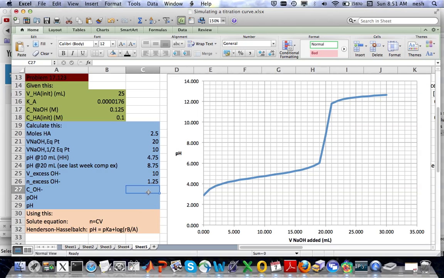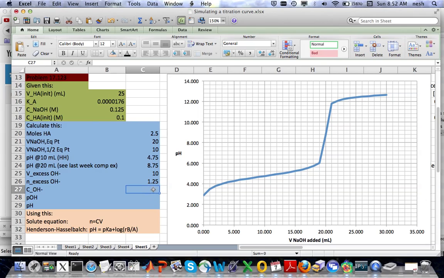Now, what's the concentration of OH minus there? Once again, we use the same equation: n divided by the total volume. The total volume is however much we started with plus however much we've added.